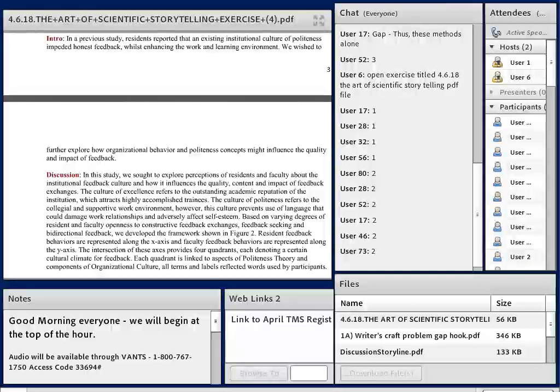The first paper was a qualitative, open-ended exploration about what our residents thought about the feedback culture in the department. Then the second paper was they said something, but I had no idea what it meant because I wasn't expecting that. So this was a deep dive, and I went into all kinds of psychological theories, politeness theory and organizational culture, and that's what's coming out in Academic Medicine.